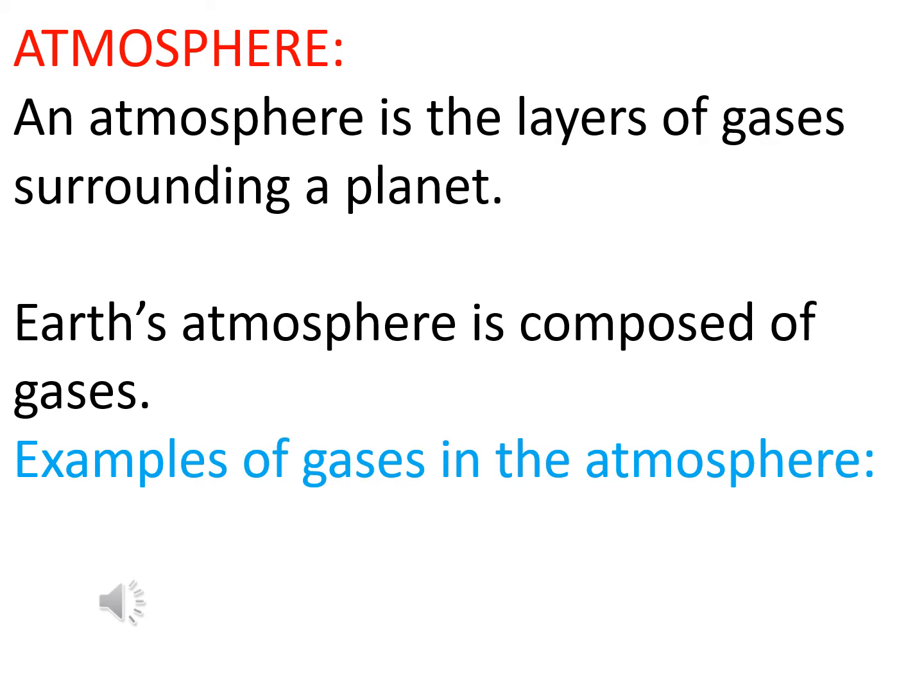An atmosphere is the layers of gases surrounding a planet. Just as I told you earlier, atmosphere means what is surrounding. The Earth's atmosphere is composed of gases. We shall see examples of such gases in the atmosphere and what percentage they cover.